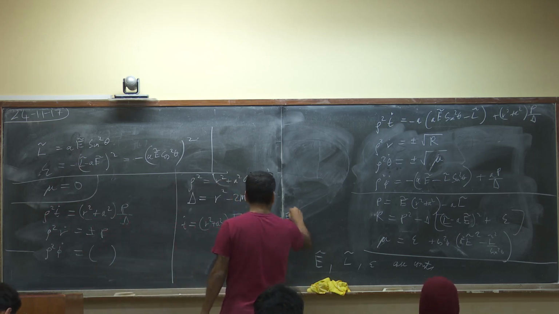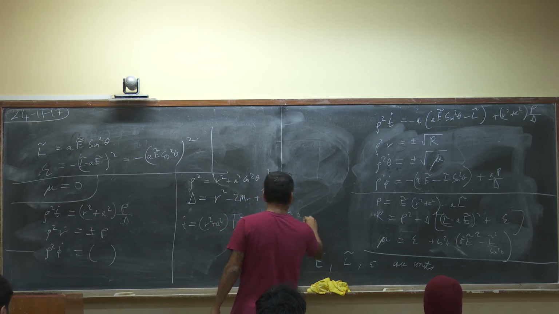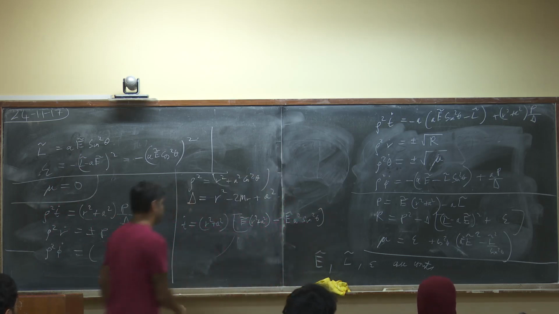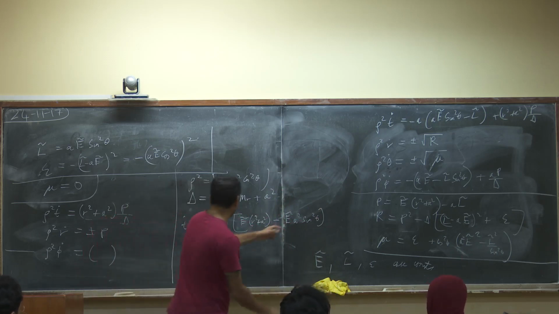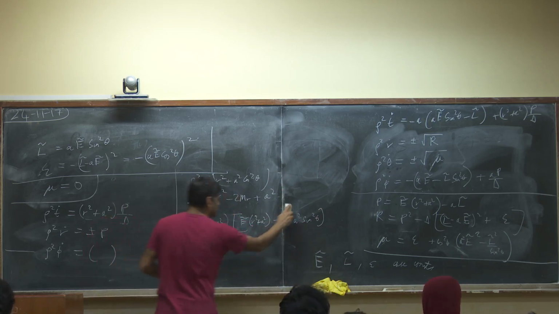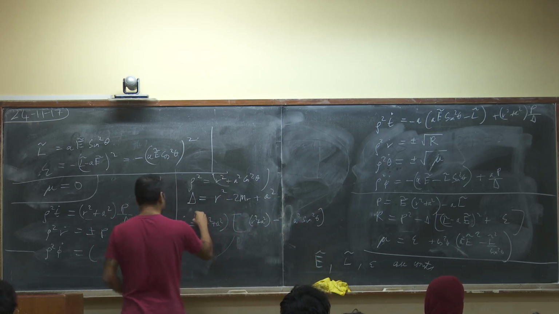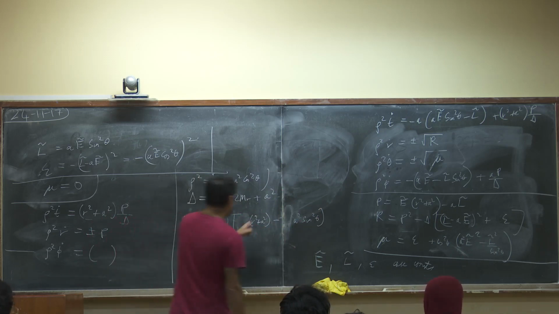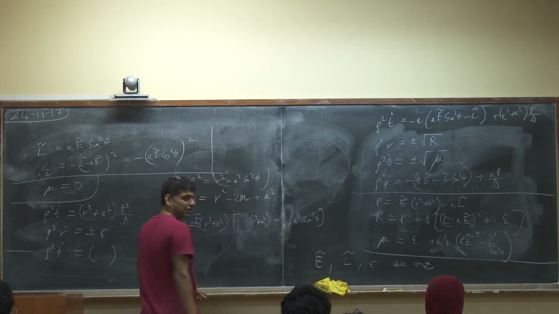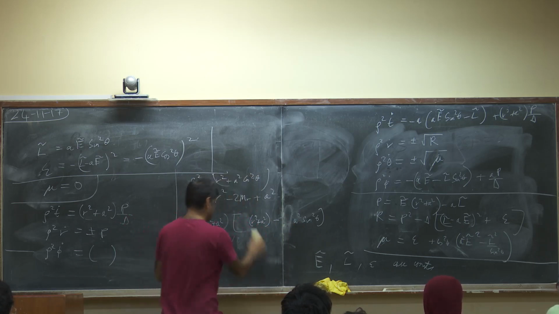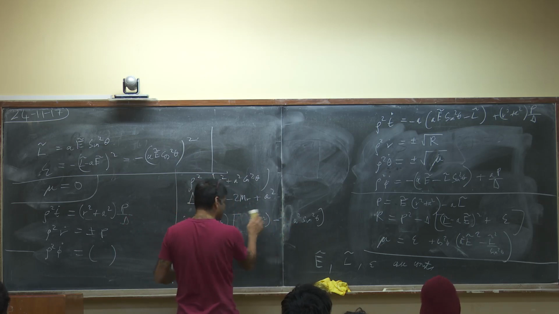Okay, so E tilde here is common. R squared is whatever it is, and A squared minus A squared sine squared theta is A squared cos squared theta, and that is rho squared, exactly.